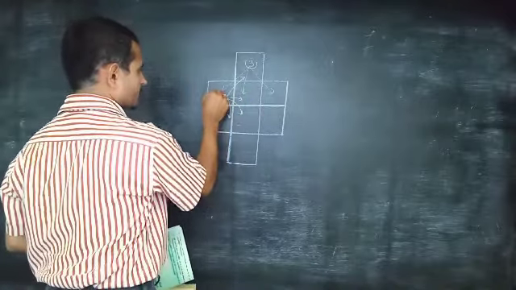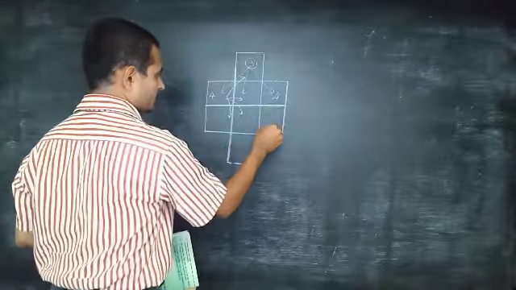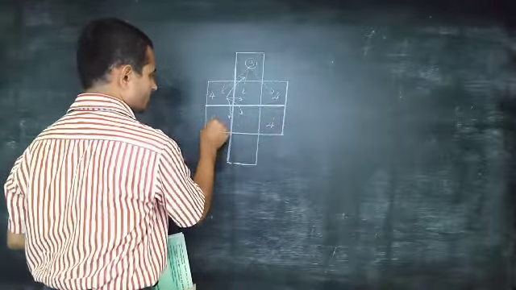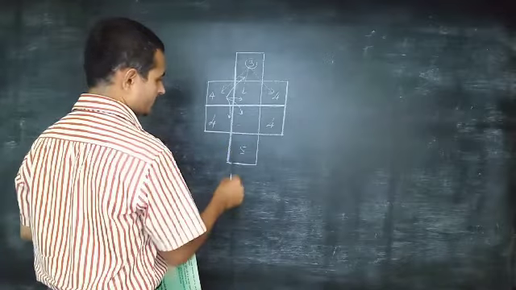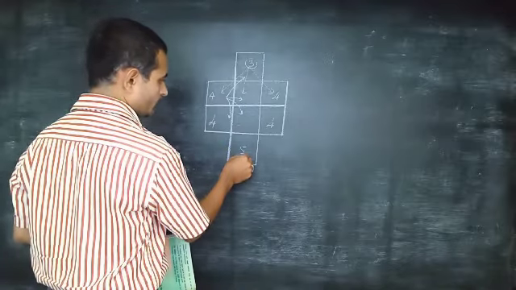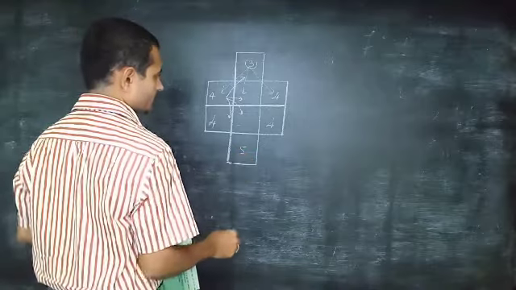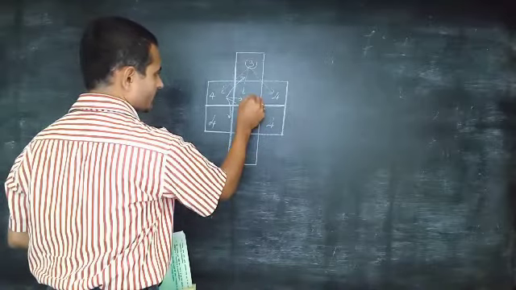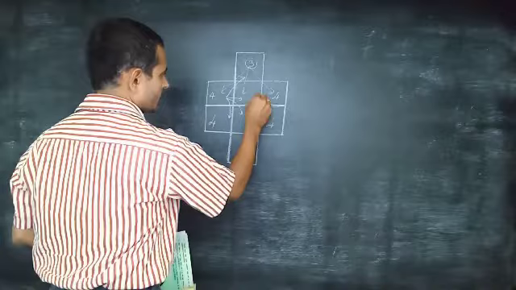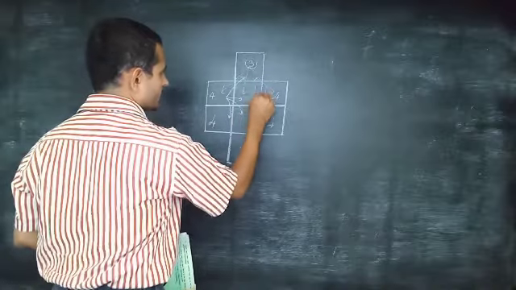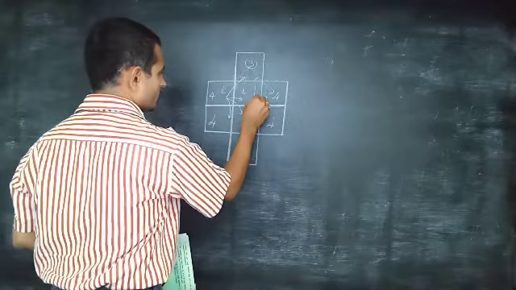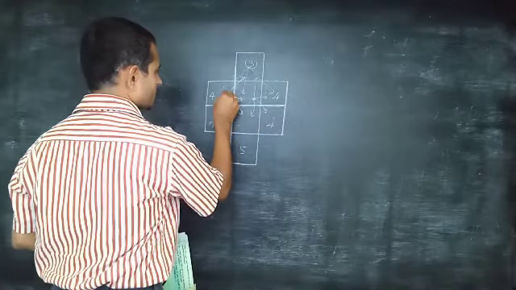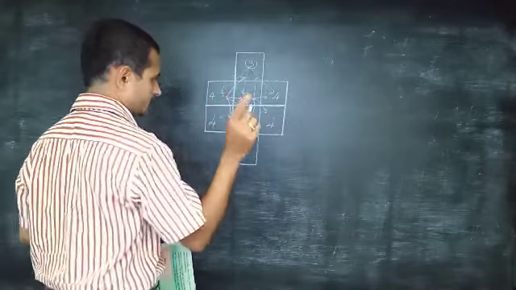4 means 1 2 3 4 adjacent squares. This has 4 adjacent squares, 4 adjacent squares, 4 adjacent squares. This has 5 adjacent squares, right? And this one, 1 2 3 4 5 6 adjacent squares.